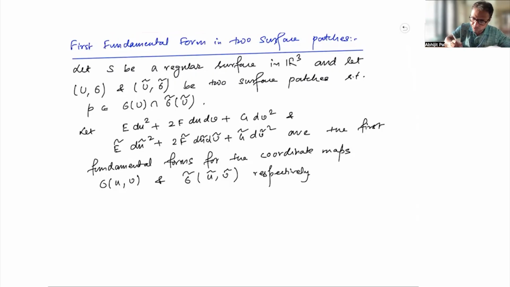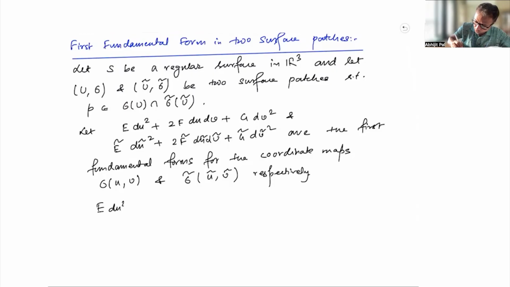Now, this first fundamental form E du squared plus twice F du dv plus G dv squared will be written in this form.